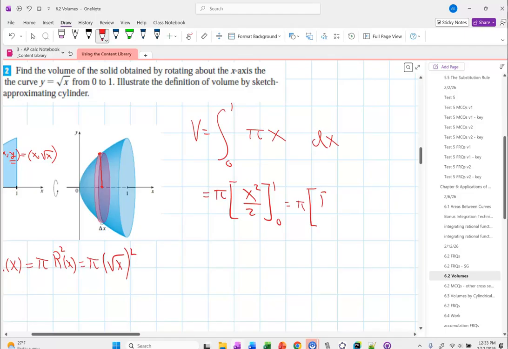And then I just plug in. And pi over 2 is my volume. Does everybody feel okay on that? So again, the formula that I'm using here is the integral of cross-sectional area dx.